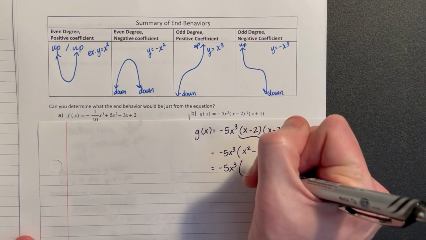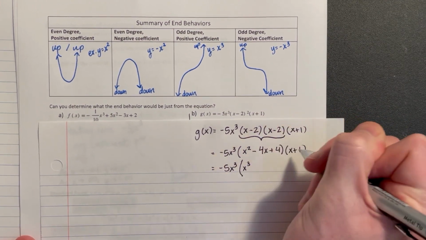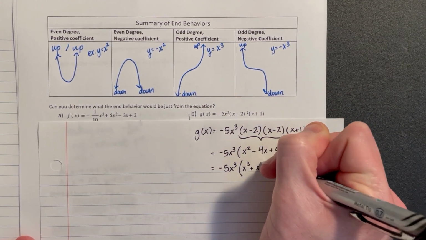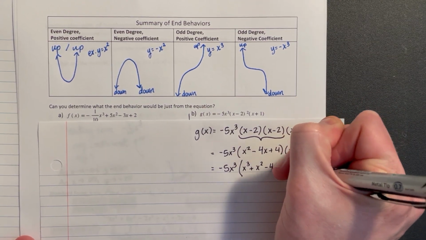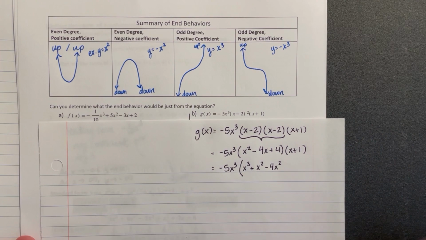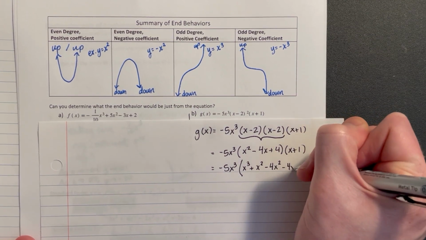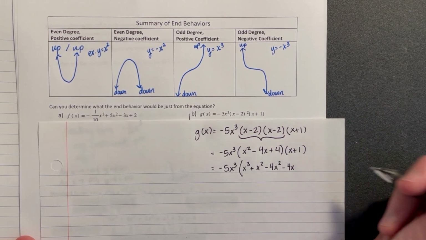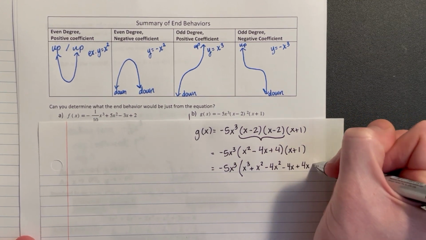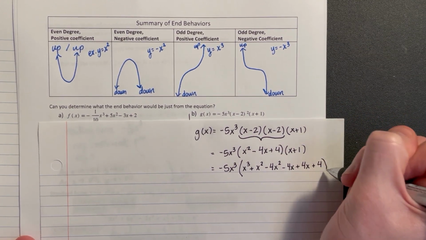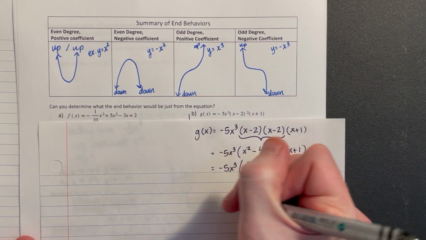If I distribute x squared times x, that's x cubed. X squared times 1 is 1x squared. Then we distribute our negative 4x. So negative 4x times x is negative 4x squared. Negative 4x times 1 is negative 4x. Distribute our 4. Plus 4x plus 4. And we can combine like terms.